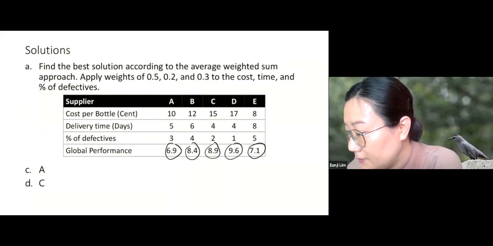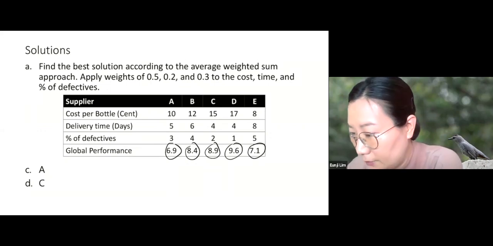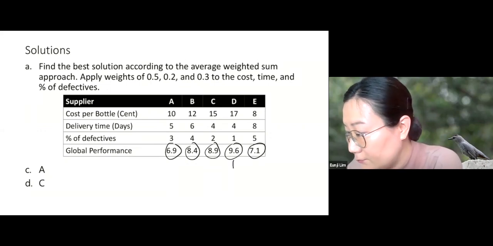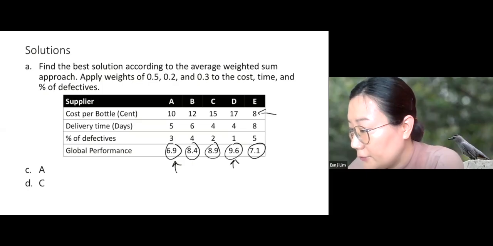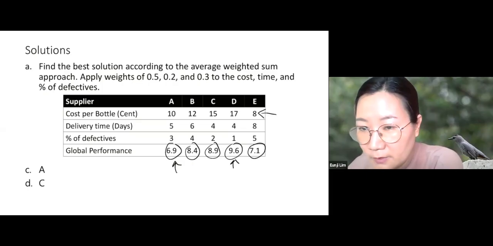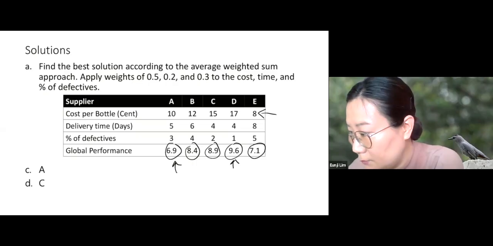Now, once you have this, how can you make the final choice? Should you pick the highest one or the lowest one? It depends on what value indicates better performance. If you look at the cost, does a lower value indicate a better performance? Yes, the lower the cost is, the better the performance is.